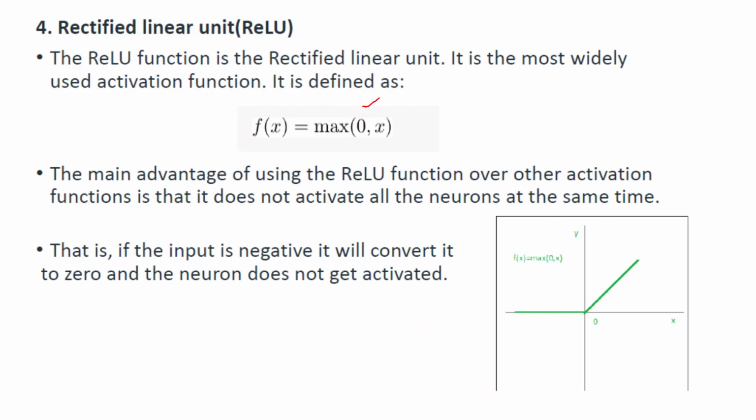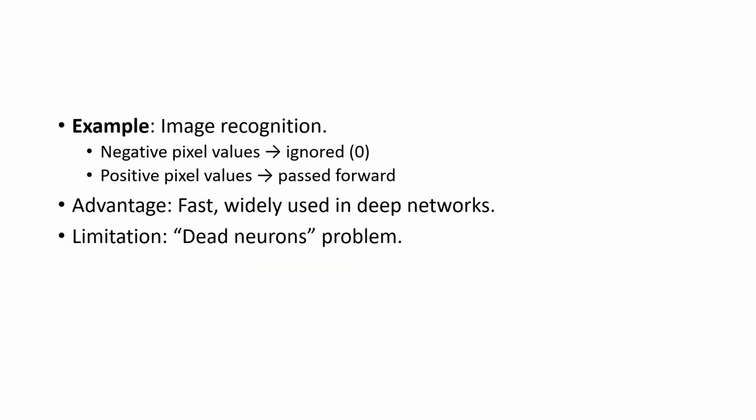The output will always be 0. For a positive value, it will output the same positive value. So if the input is negative, it will convert it into 0 and the neuron does not get activated, it doesn't fire. Whereas if the value is greater than 0, then it gets fired.